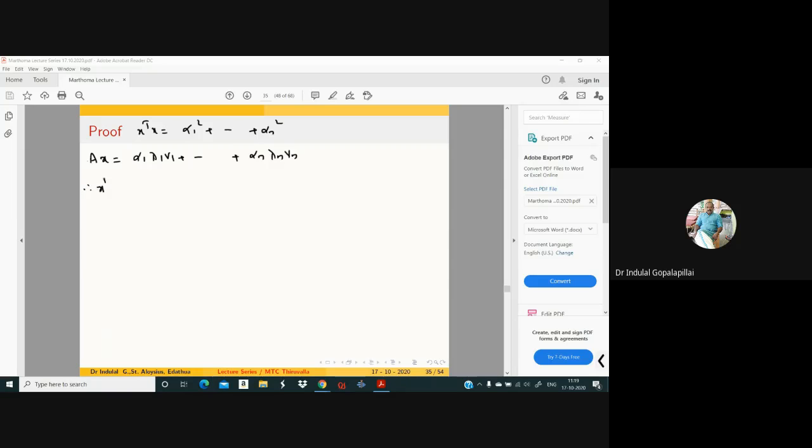Therefore, x transpose Ax is alpha 1 v1 transpose plus etc. plus alpha n vn transpose, into alpha 1 lambda 1 v1 plus etc. plus alpha n lambda n vn. Now this is equal to, as in the earlier case, alpha 1 square lambda 1 plus alpha 2 square lambda 2 plus etc. plus alpha n square lambda n.